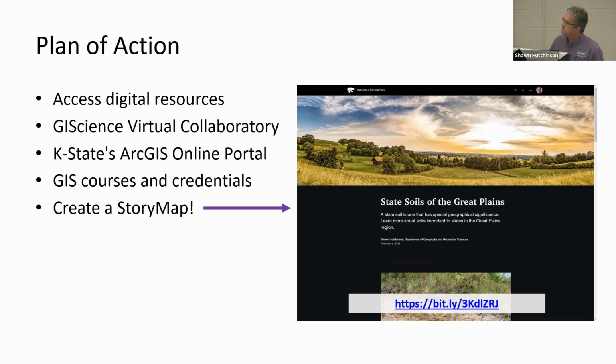Anybody familiar with K-State's ArcGIS Online GIS portal, our own university GIS portal? Okay, a few. Yeah, so we've got access to that. And I'll also mention very briefly, if you're interested in more information about courses in GIS and GI science here at K-State, or different academic credentials that you can pursue, I'll mention those. And then we'll get right into the story maps.